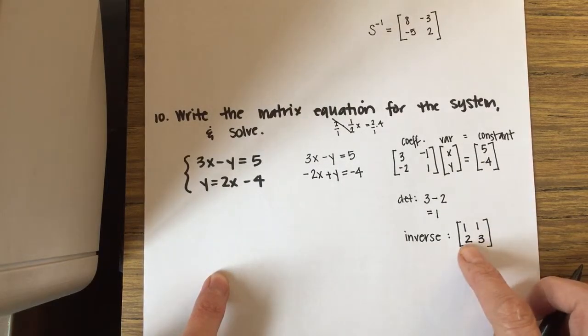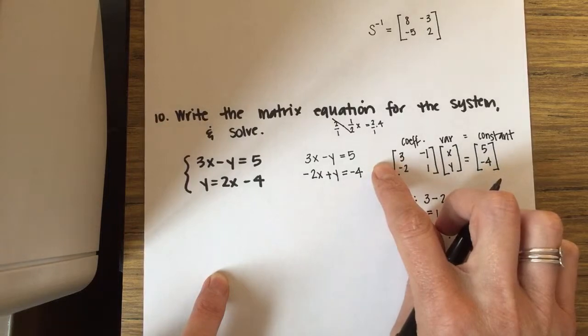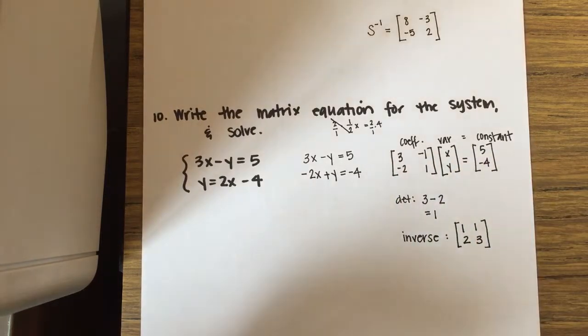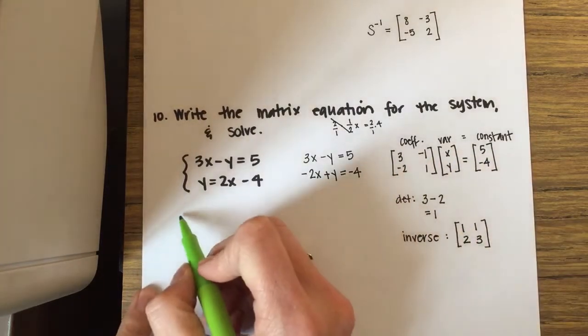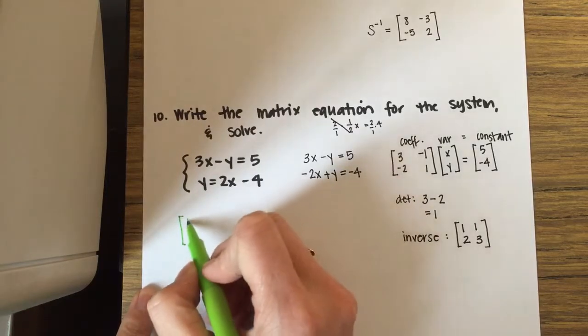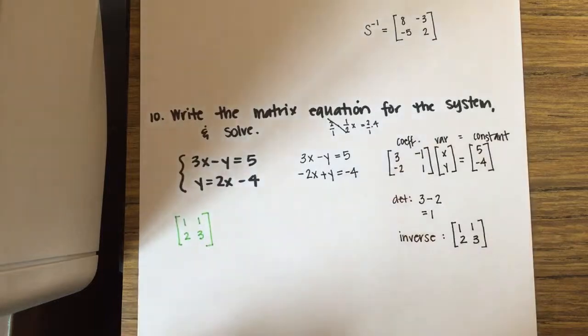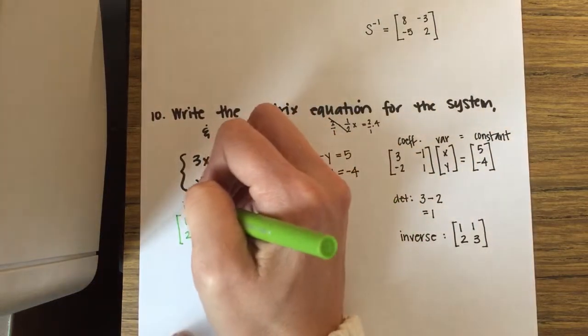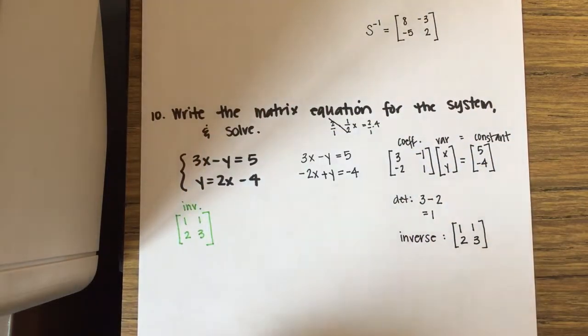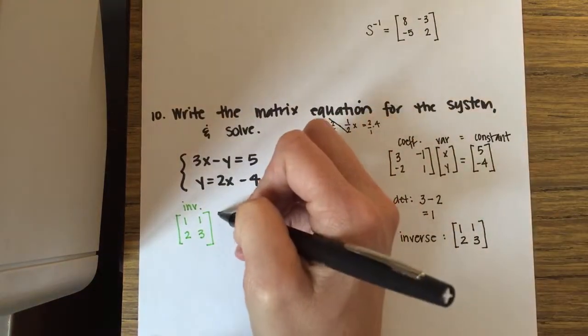That is the inverse. So I'm going to multiply that inverse on both sides of this equation. I'm going to multiply it on the left-hand side. So there's the inverse.